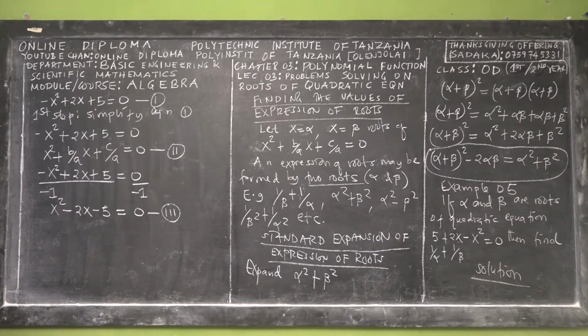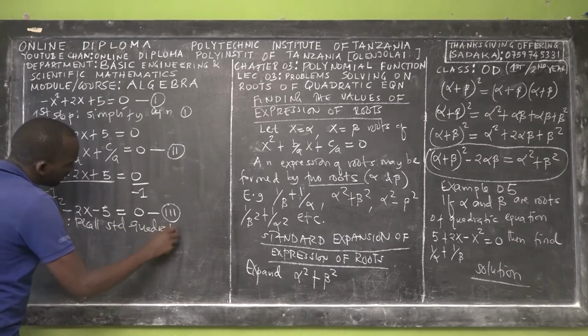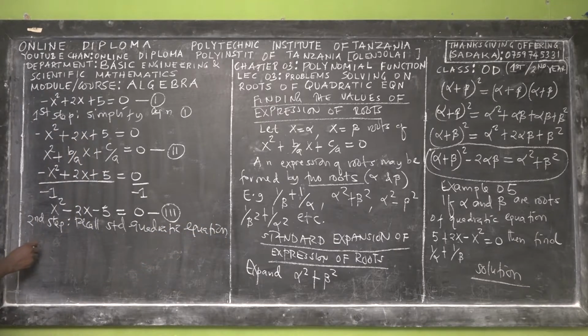Next, we go to the second step. Second step: recall the standard quadratic equation with its roots.